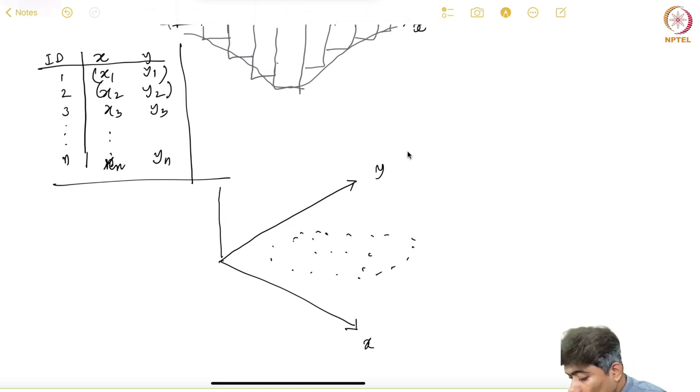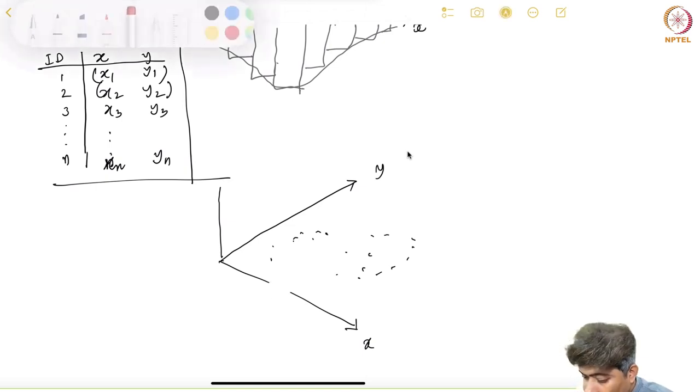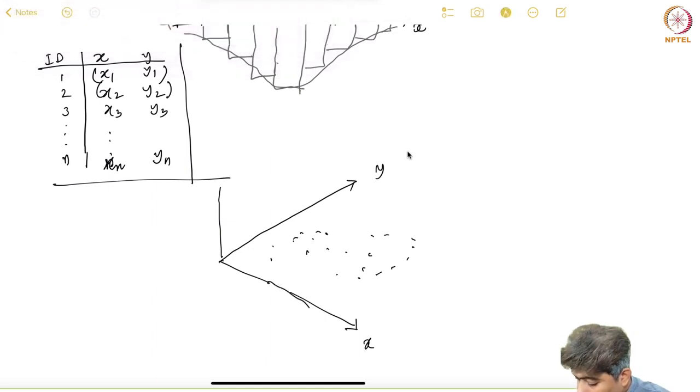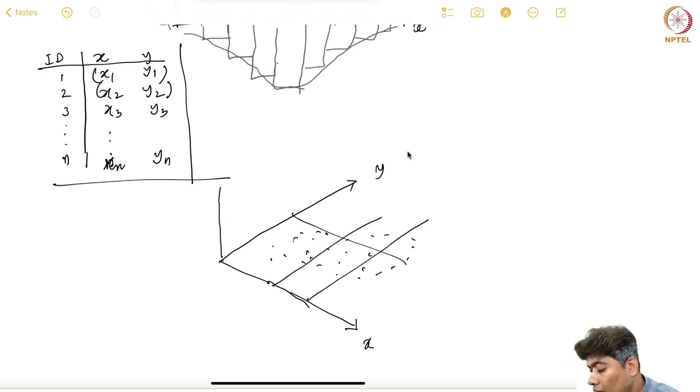and suppose that is how the points are. For x we have bins, for y we have bins, and in each joint bin we count how many points there are.